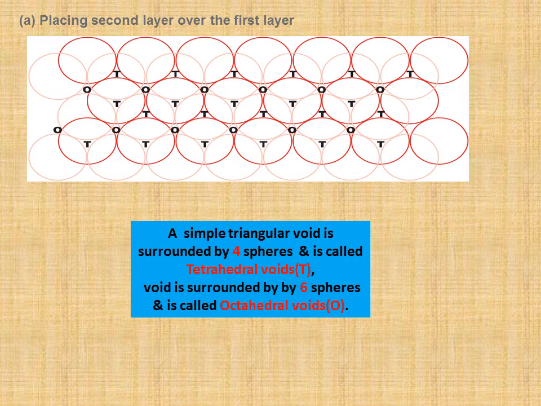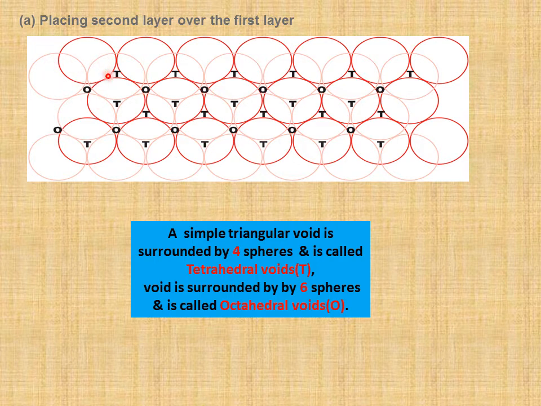Now understand what we have done here, students. We have placed a second layer. What is the second layer? The red colored spheres are the second layer. The first layer will be lighter red in color.